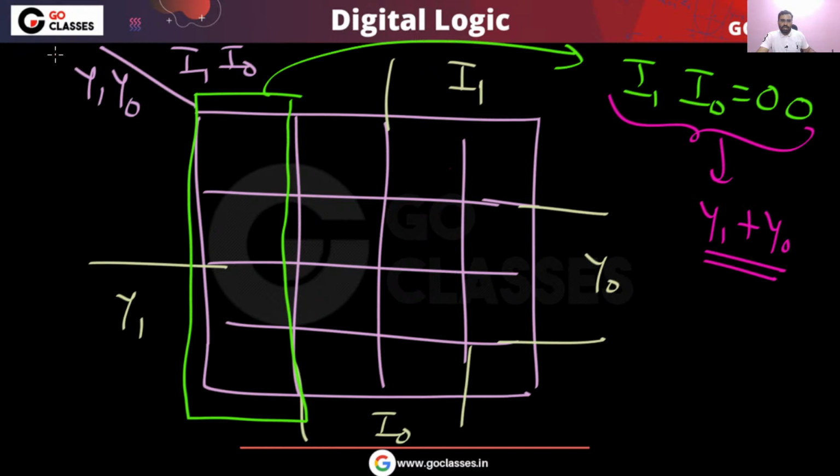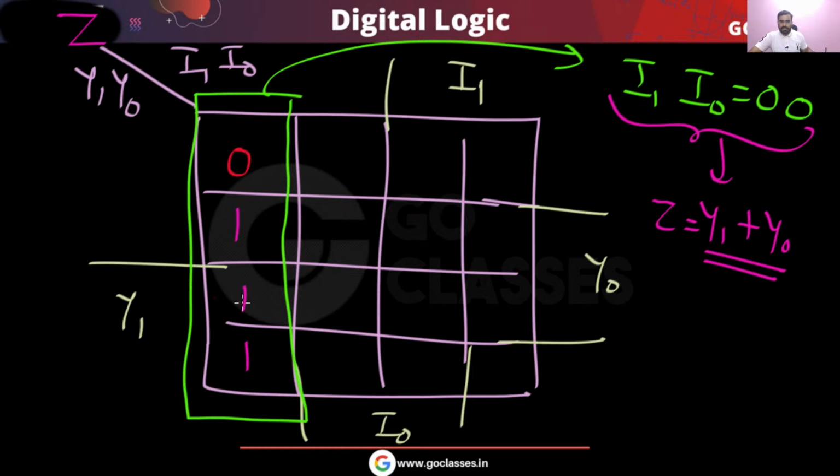In this situation your function Z should be equal to Y1 or Y0. So you can notice this will be Y1 or Y0. This is done. Next, this is 0.